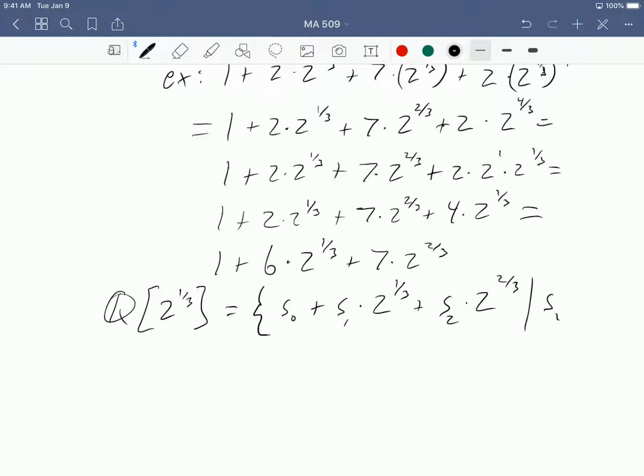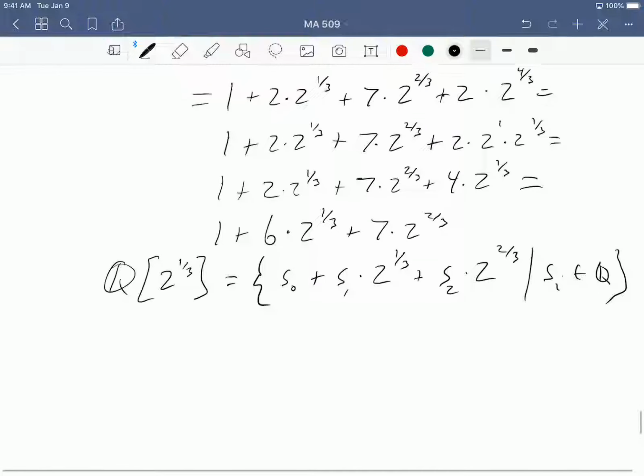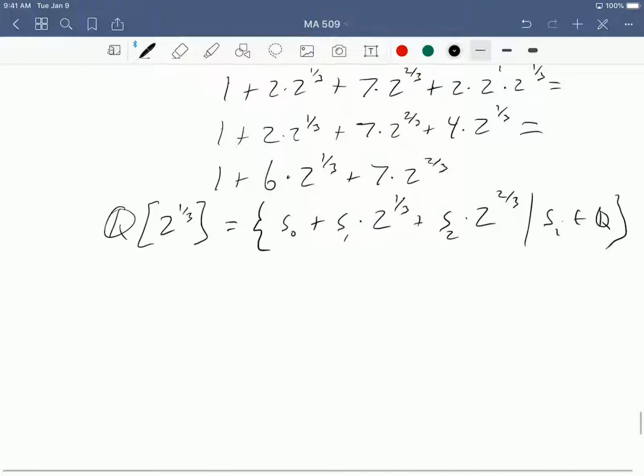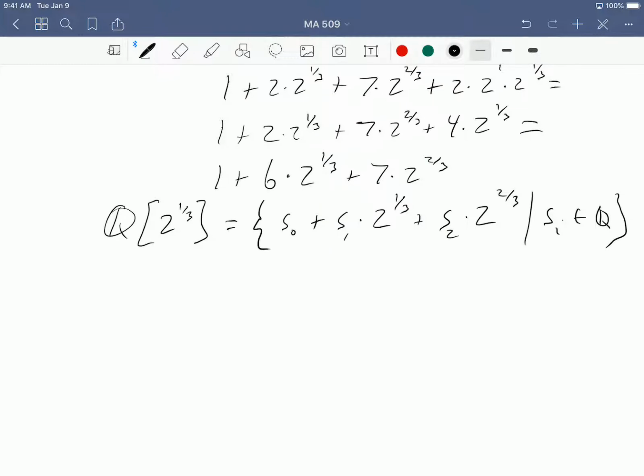Everything else will be able to reduce down into just expressions of the form s_0 plus s_1 times 2 to the 1/3 plus s_2 times 2 to the 2/3. So you'll try some more examples of this through some quiz questions, and then we will keep working with these things for many weeks to come.